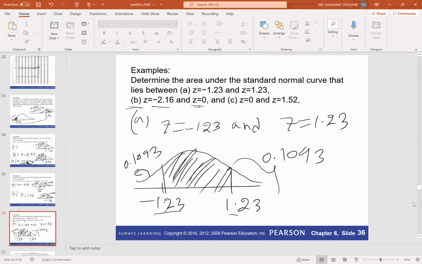Here, since they are the same, negative and positive, and we know this is symmetric, the area to the left of the negative number is equal to the area to the right of the positive number. This area will then be 1 minus 0.1093 minus 0.1093. So this is the area between these two numbers.